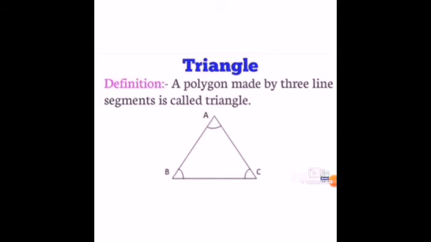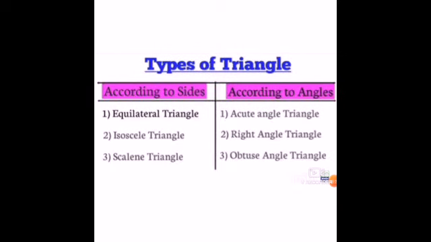So let's start triangle. A polygon made by 3 line segments is called a triangle. A triangle is a closed figure bounded by 3 line segments. Like here, AB, BC and CA are 3 sides. Angle A, angle B, angle C are 3 angles. A, B and C are 3 vertices.